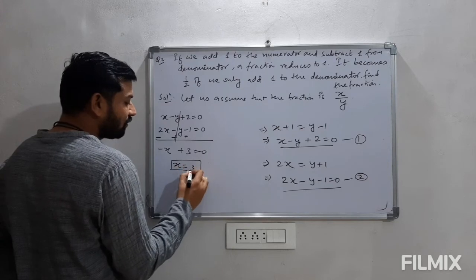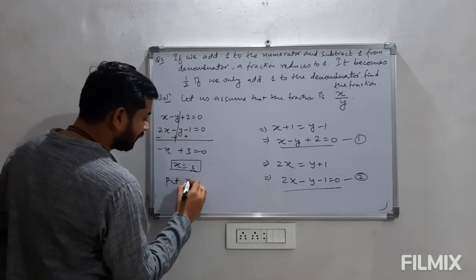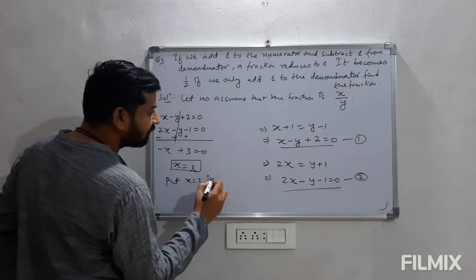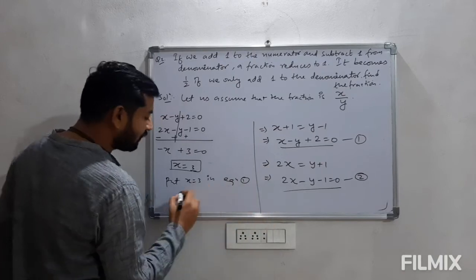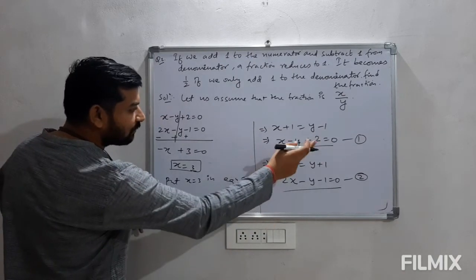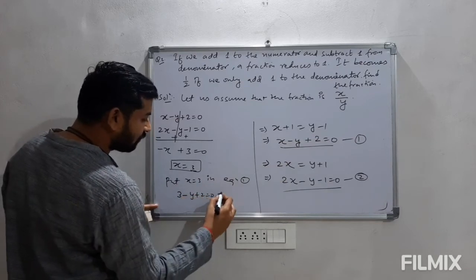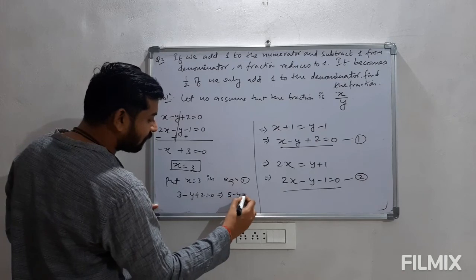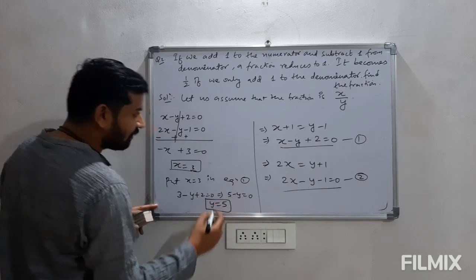Now if we substitute this value in one of the equations, put x equals 3 in equation 1, suppose. So what we will get? x minus y plus 2, so 3 minus y plus 2 equals 0. So from here we are getting 5 minus y equals 0. So y equals 5.